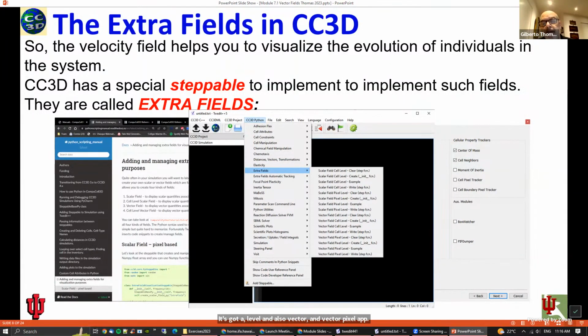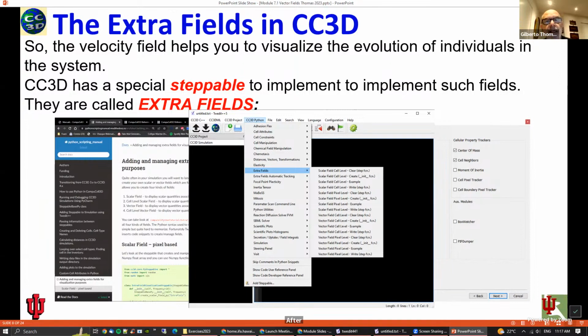There is another way to implement this I will show you later in the simulation, which is here down in this drop-down menu, you add a steppable. You can introduce the extra fields in your simulation by creating a new steppable in your project, in the steppable file, of course, after you finish the wizard.